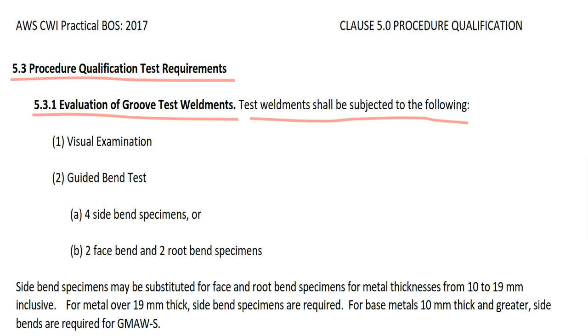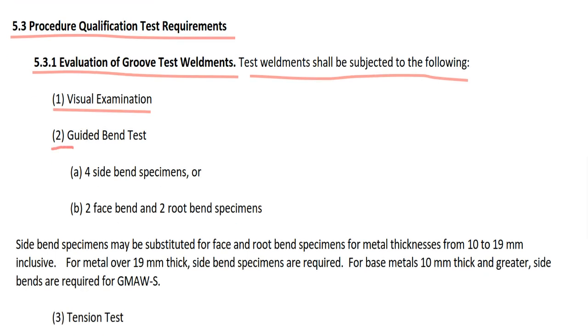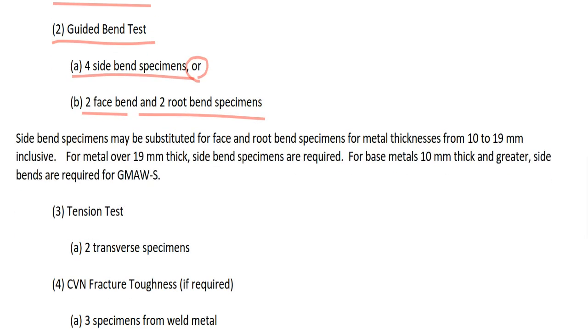PQR test weldments shall be subjected to visual examination and guided bend test: 4 side bend specimens, or 2 face bend and 2 root bend specimens. Side bend specimens may be substituted for face and root bend specimens for metal thickness from 10 to 19 millimeter inclusive.